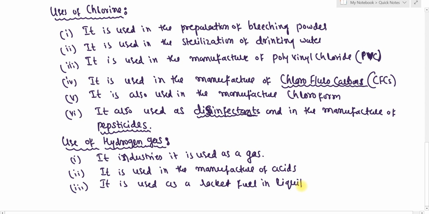You are going to learn about alcohols in carbon and its compounds.